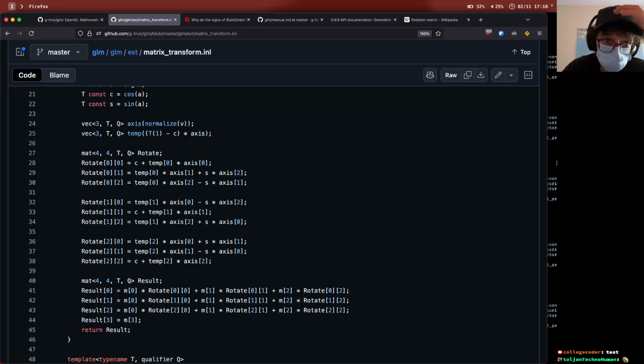Temp 2 multiplies by the axis 0, so it really yields 0. On the second one also yields 0, and so you end up with positive sine times axis 1, which is 0, 0. That is correct. And lastly, axis 2 is 1.